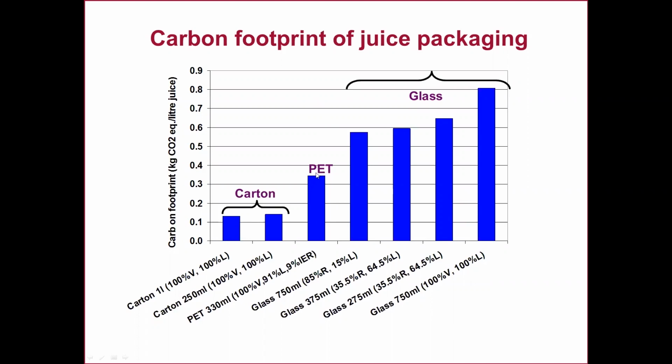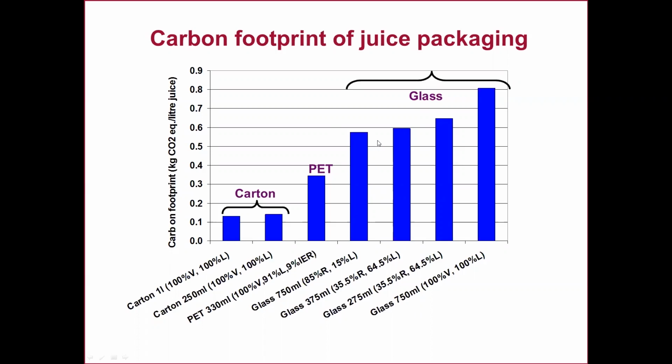For example, here it shows PET compared to glass. One of the reasons for glass having a higher impact, as I was previously mentioning, is that we require a large mass of glass compared to other packaging materials. Also, glass production is more energy intensive. Here, the chart shows different options in terms of what happens to the glass at the end of life.